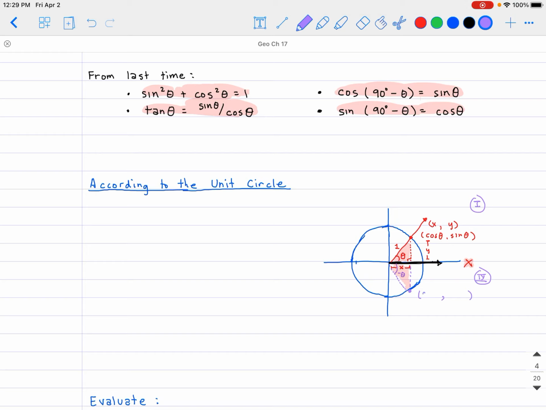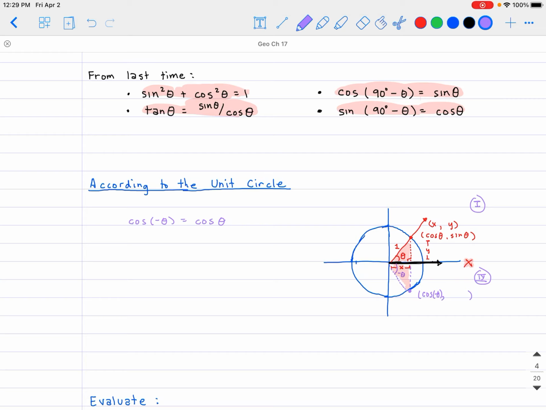So cosine of negative theta, because that's the x-coordinate, is the same as cosine of theta. That is my first identity: cosine of negative theta is equal to cosine of theta, since the x increment is the same going forward as it is going backwards.